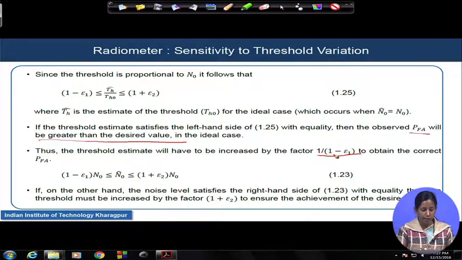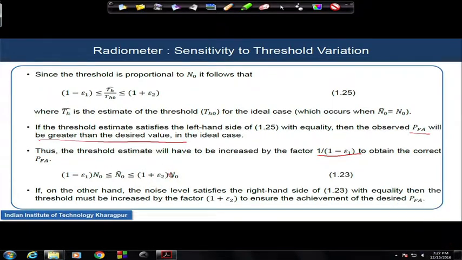On the other hand, if the noise level satisfies the right hand side of the value with equality, then it must be increased by a factor of 1 plus epsilon 2 to ensure the achievement of the desired false alarm probability. So, this is the meaning of your estimate and choice of the proper threshold with the false alarm probability. Either in one case it is increasing and in the other case it is decreasing.